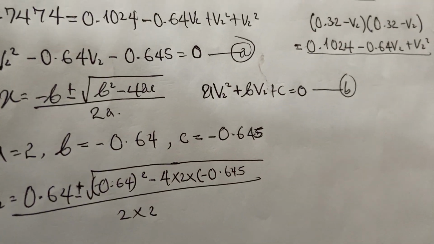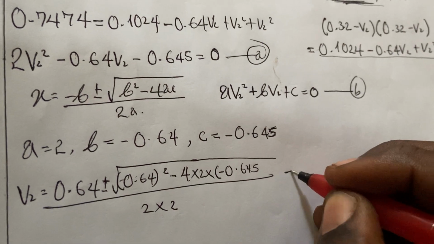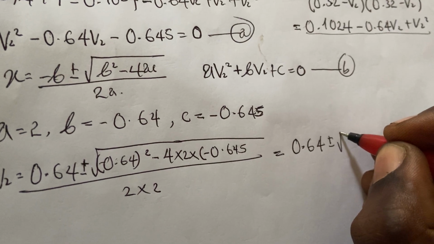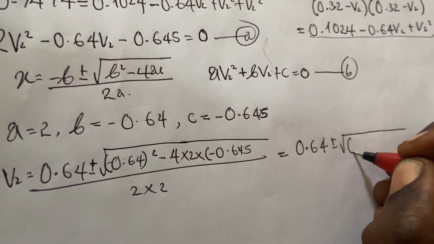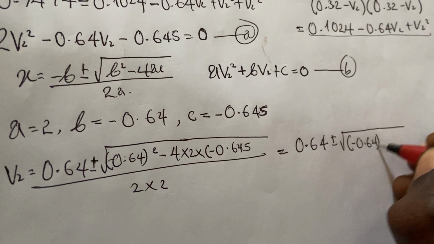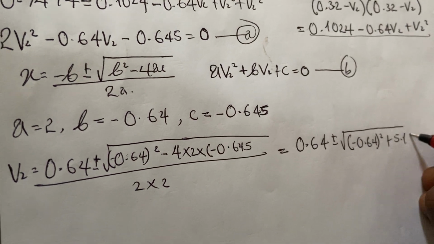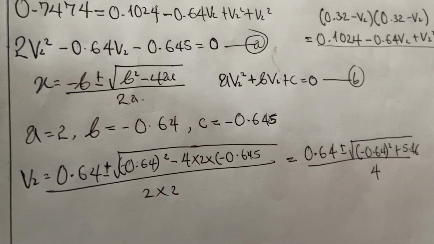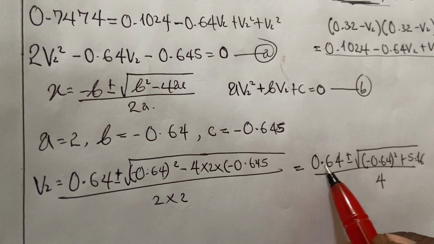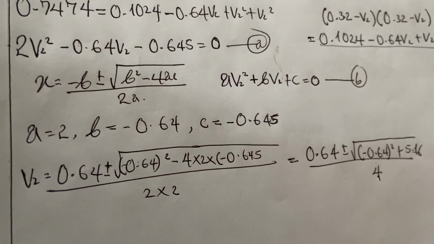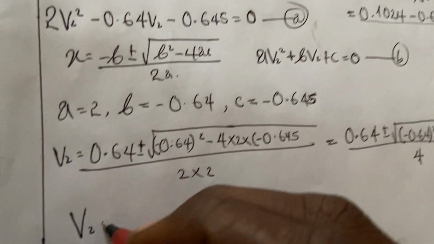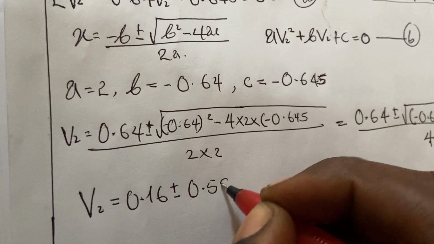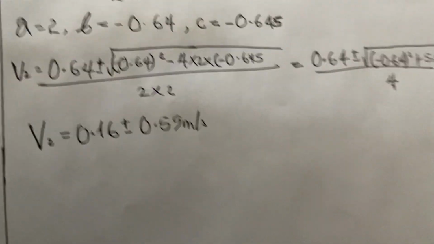All right, so we have 0.64 plus or minus the square root of 0.64 square plus 5.16, over 4. The solution to all this: 0.64 divided by 4 will give us 0.16. So v2 equals 0.16 plus or minus 0.59 meter per second.